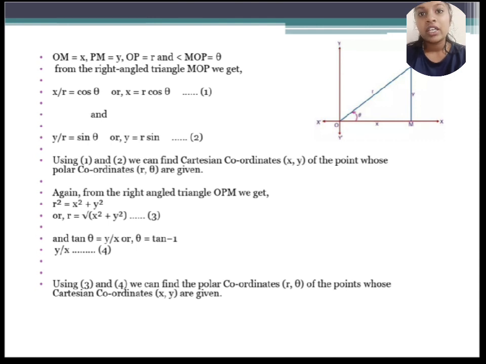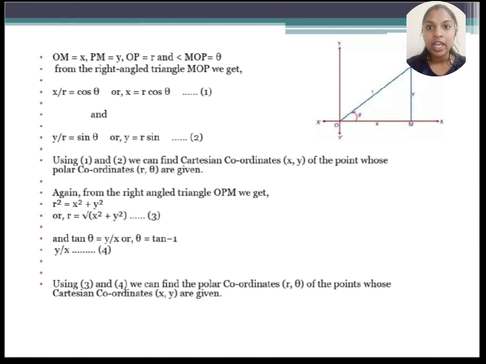From the right angle triangle MOP we get x divided by r is equal to cos theta, or x is equal to r cos theta, which is equation 1, and y divided by r is equal to sin theta, or y is equal to r sin theta, which is equation 2. Using equations 1 and 2, we find the Cartesian coordinates x comma y of a point whose polar coordinates r comma theta are given.